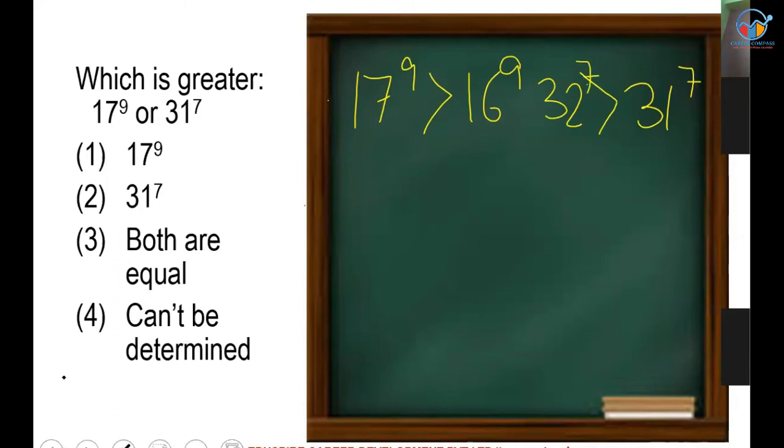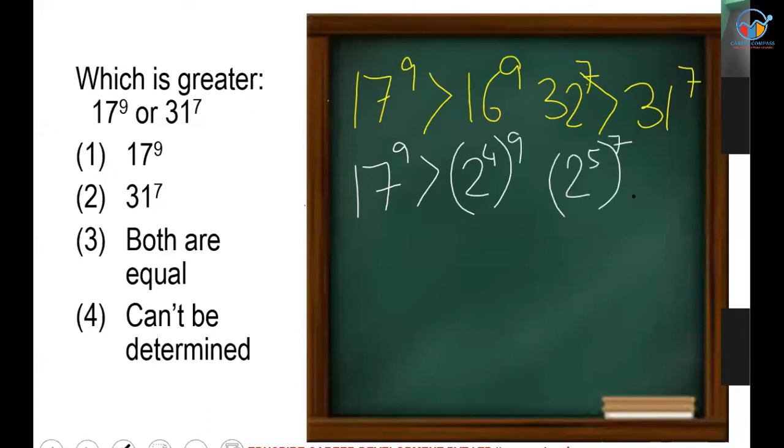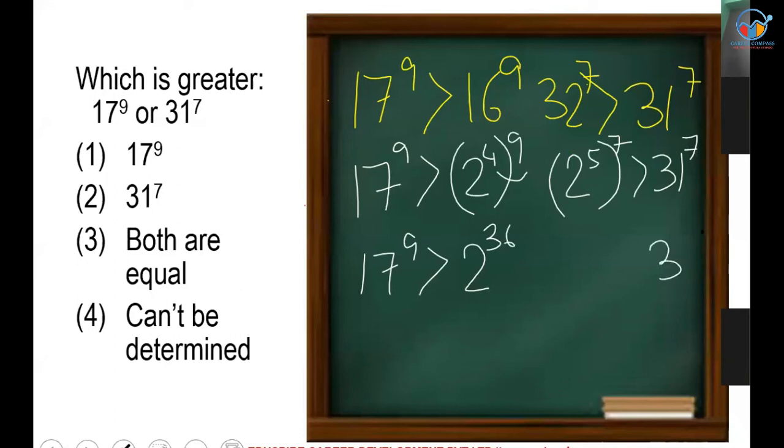After this point, you can easily make out that 16 can be written as 2 to the power 4 and 32 can be written as 2 to the power 5, which essentially means by the rule of indices, these powers will get multiplied. Hence, 17 to the power 9 is more than 2 to the power 36. On the other side, 31 to the power 7 is less than 2 to the power 35.